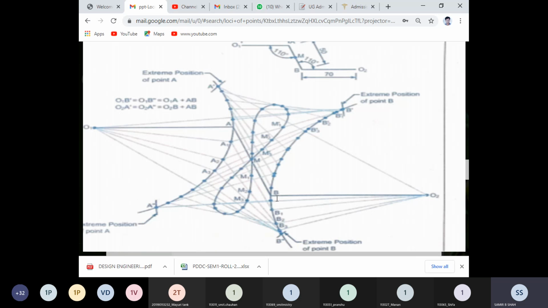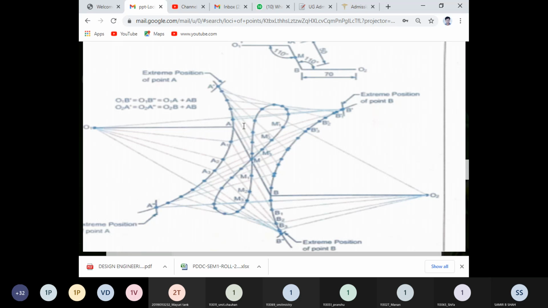So now we have to locate the points. As mentioned initially, A1, A2, A3 randomly, in the same way here B1, B2, B3 in this area from B to B dash.